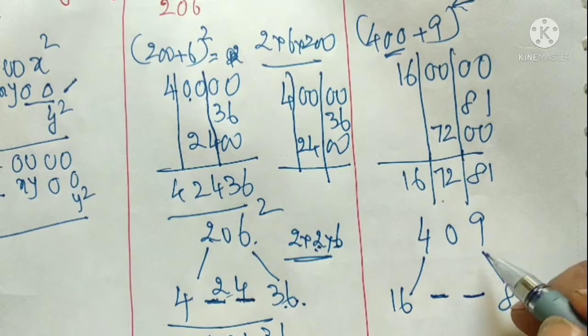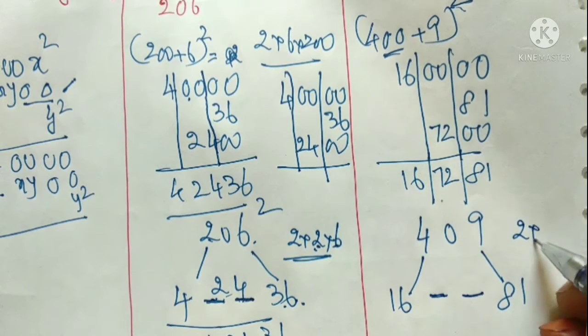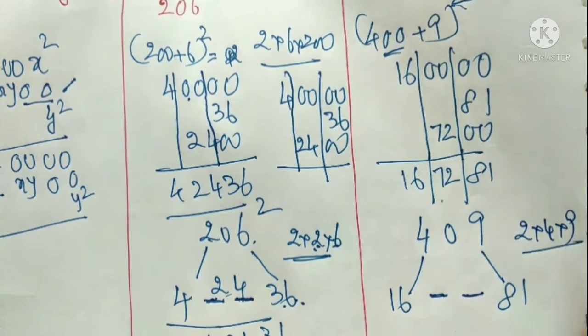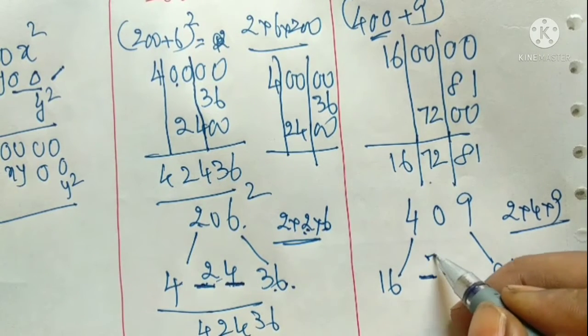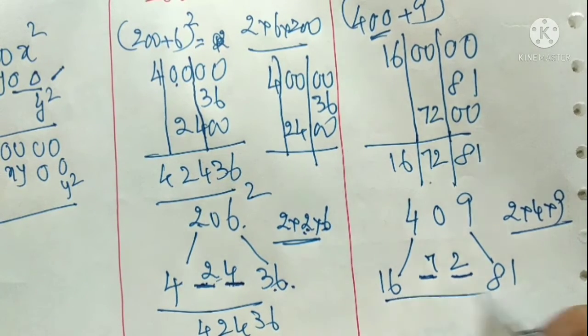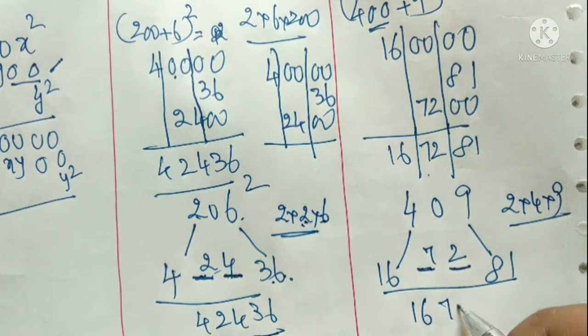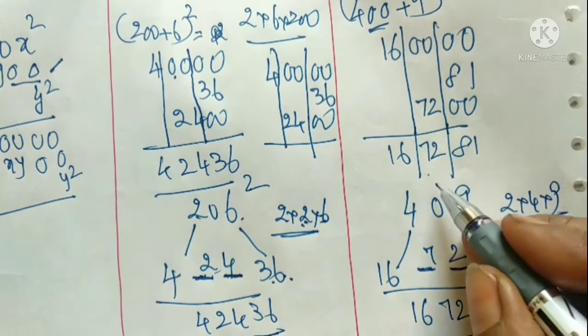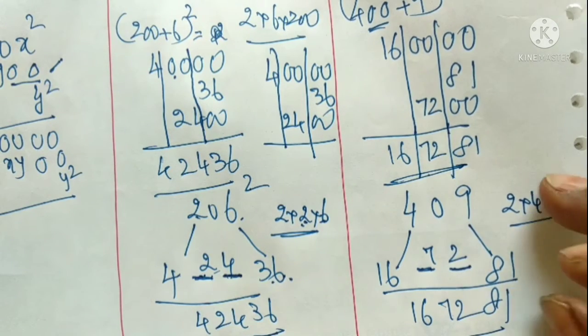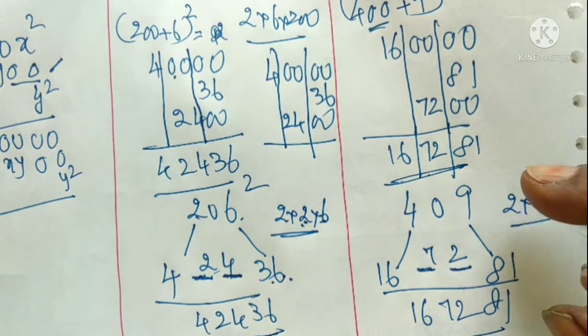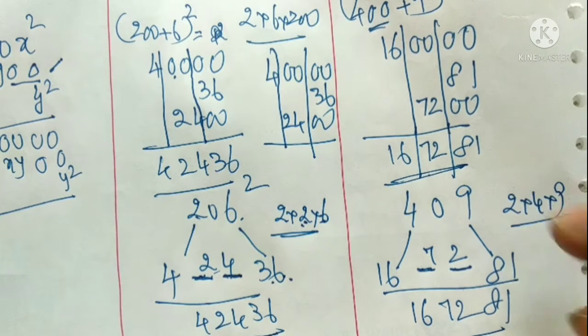Okay, now it is 2 into 4 into 9. 2 4 ja 8, 8 9 ja 72. So the answer is, we have already got 167281. I think you have understood the concept or the secret behind the shortcut way for squaring a number.